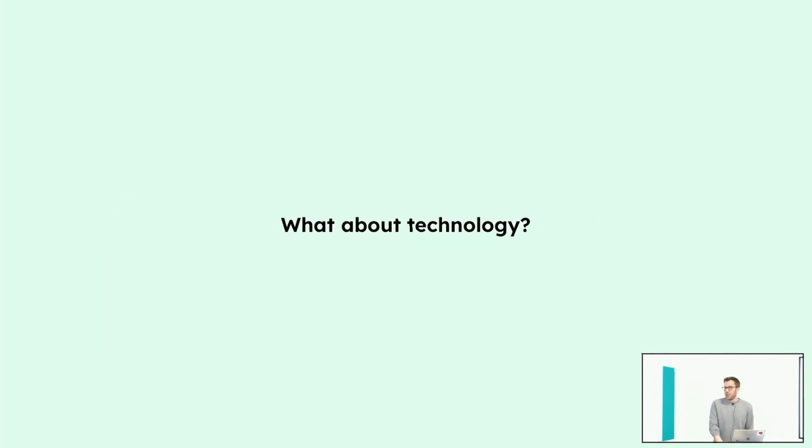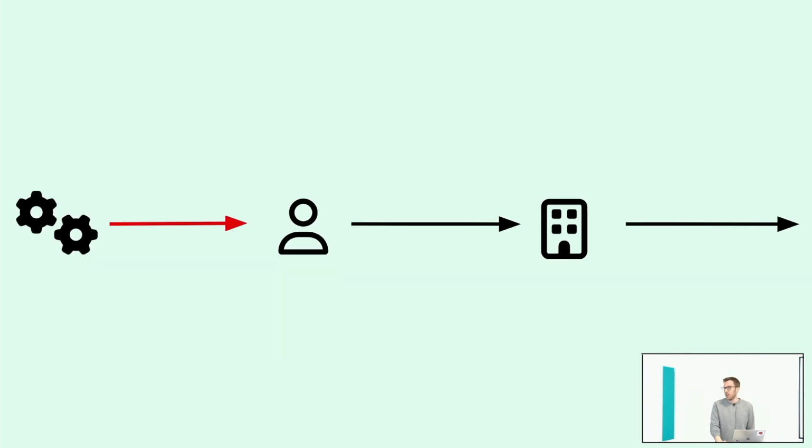So what about technology now? Because I was talking a lot about products and about business and customers and users, but technology is enabling all this progress. Because first, before we can create products, we have to create the technology for these products. So we have to kickstart this progress with technical progress. If we have the possibility to create technical progress, the customer will progress, and therefore the business will progress.